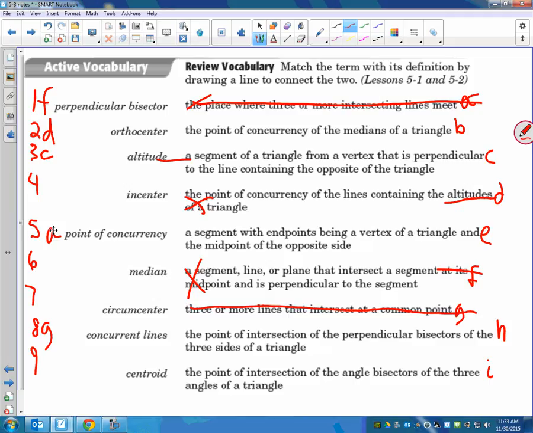And then the perpendicular bisector is, that's not right, is it?